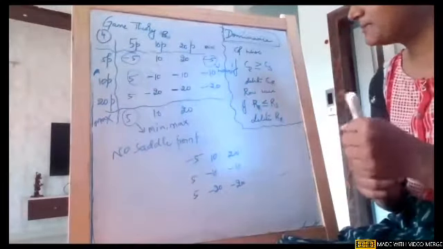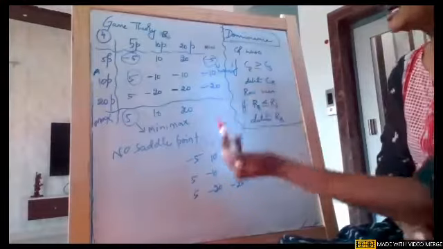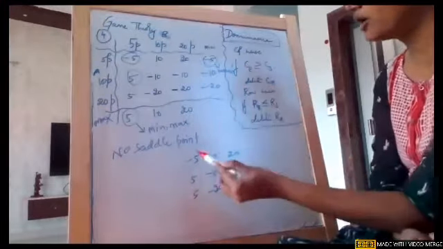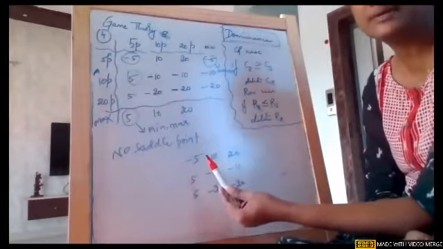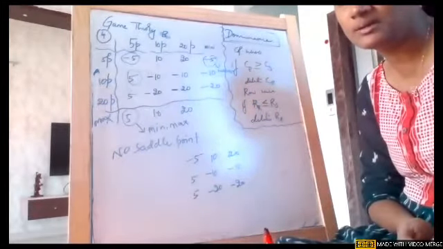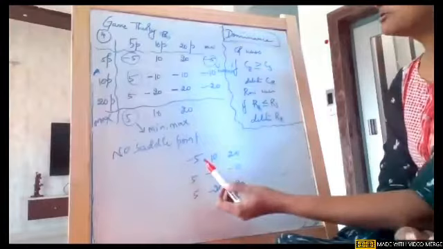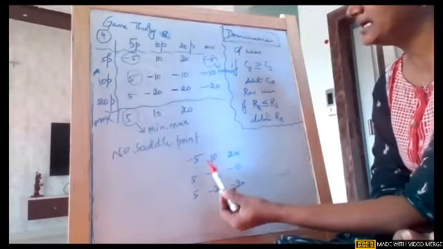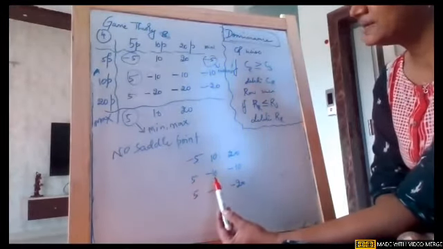Now we need to check the rows. First, columns. We'll first go column wise and see if there is any column where there is dominance. Let us see. Now, minus 5 is less than 10, but 5 is greater than minus 10.